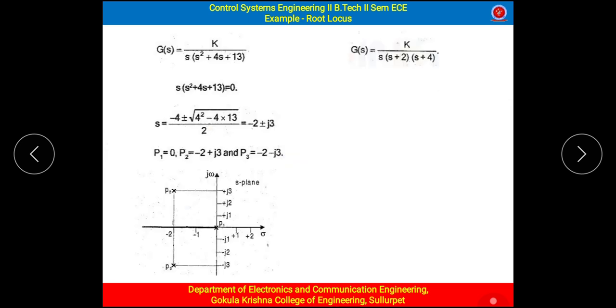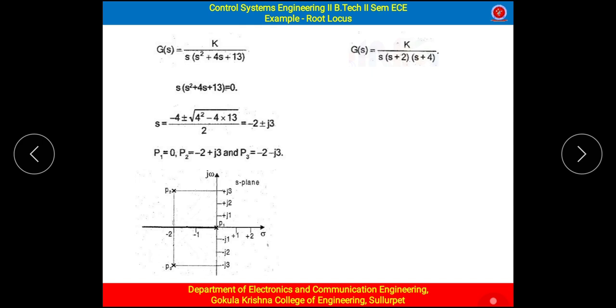Okay. So in the first example, the characteristic equation is s into s square plus 4s plus 13 equal to 0. So the first pole becomes s is equal to 0. The remaining two poles can be calculated by solving s square plus 4s plus 13, and the values are minus 2 plus or minus j3.